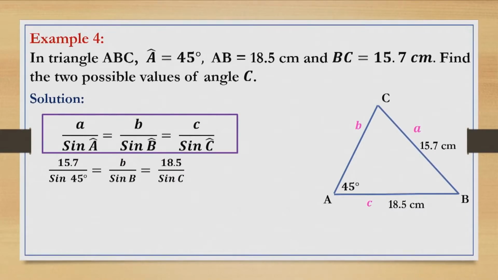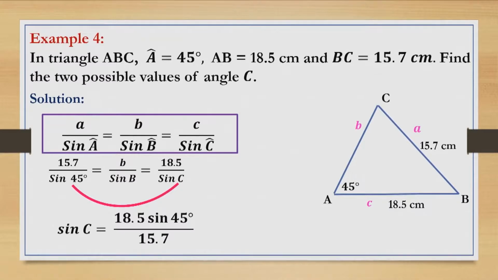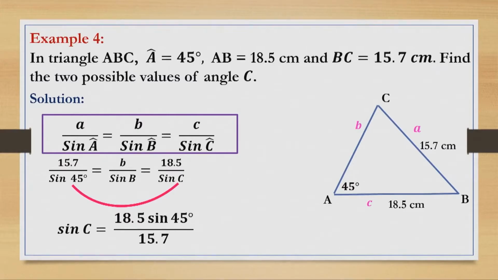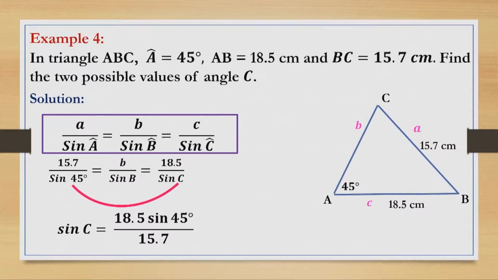I plug in the known values. I need to find angle C. So I make use of the first and last part. Cross multiplying, I get sine C equal to 18.5 sine 45 degrees over 15.7. Now, to find angle C, I will have to find the sine inverse of this value.